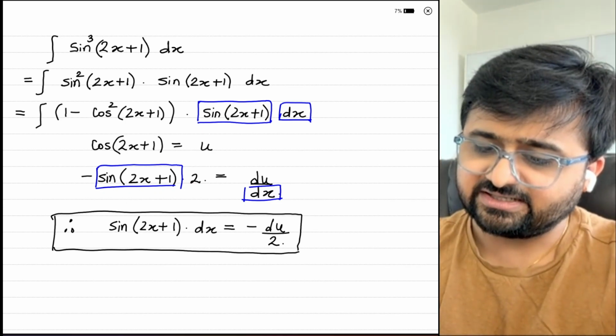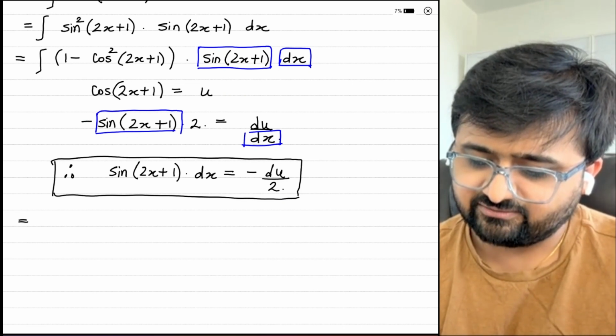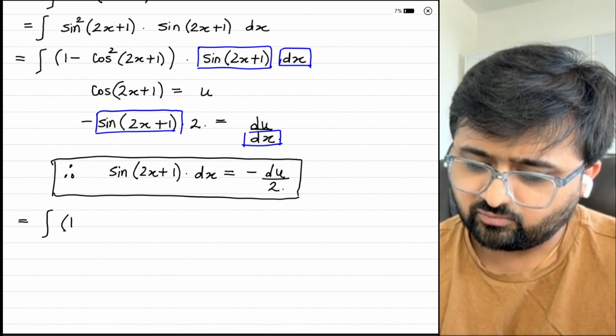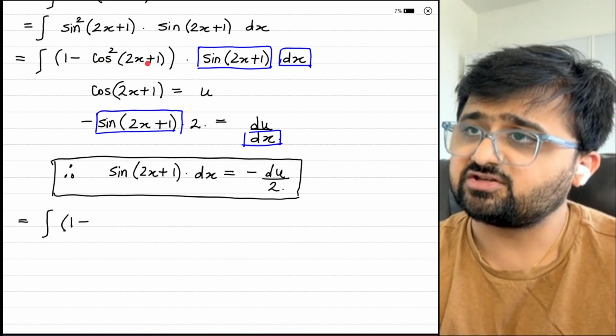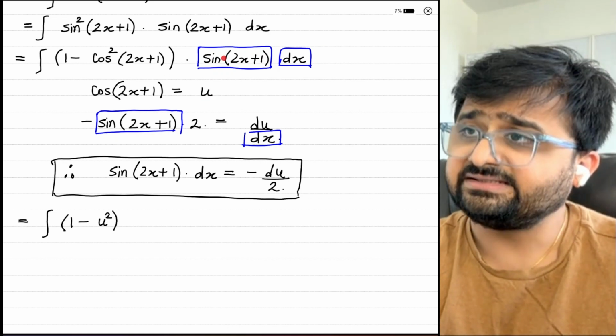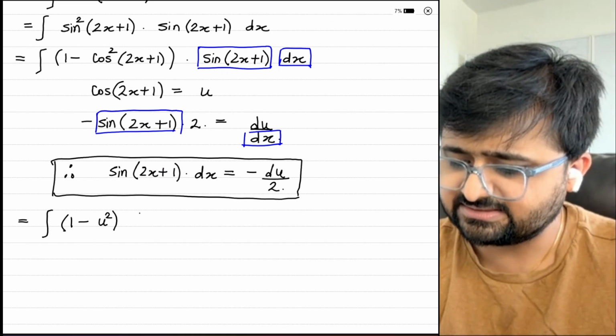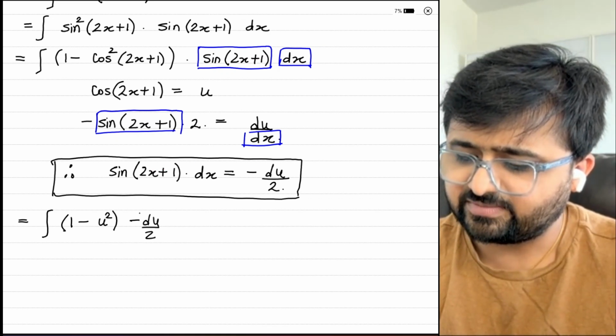Now let's convert that entire integral from the x world to the u world. So we have the integral of 1 minus, this cos term is nothing but u, so 1 minus u square, and this sine times dx is nothing but minus du divided by 2.